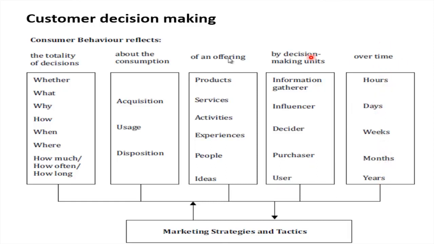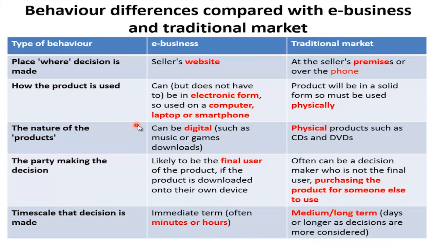So depending on all of these elements, they will decide. According to these, the marketing department will plan and develop their marketing strategies to cater for the behavior of the consumer.